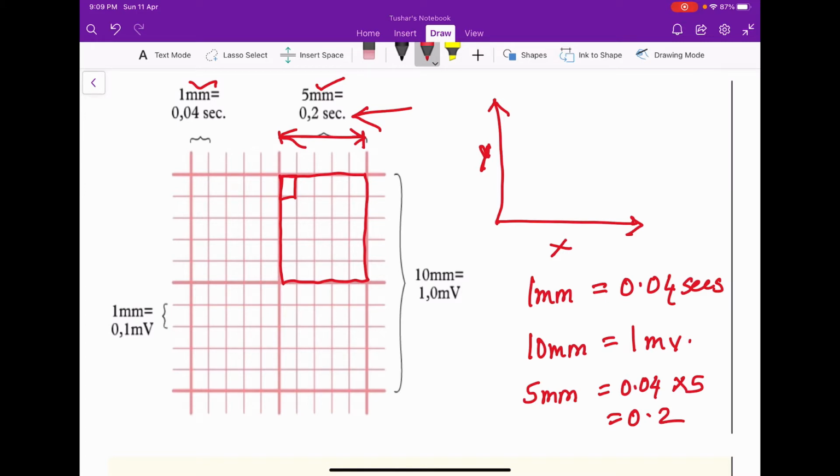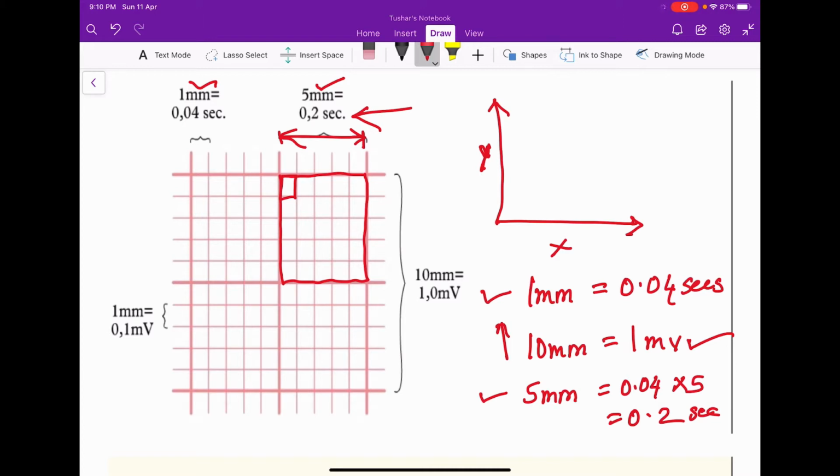So 1 millimeter is equal to 0.04 seconds. 5 millimeters on the same axis is equal to 0.2 seconds. And 10 millimeters on the vertical axis, that is the y-axis, is equivalent to 1 millivolt. This is the voltage. This constitutes the basis of the graph of the ECG.